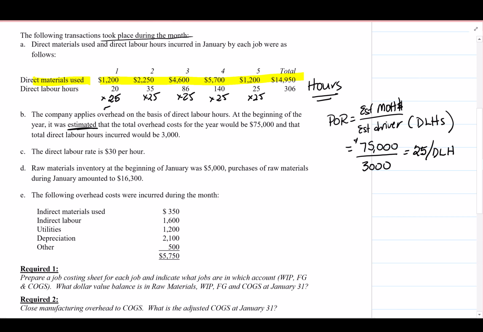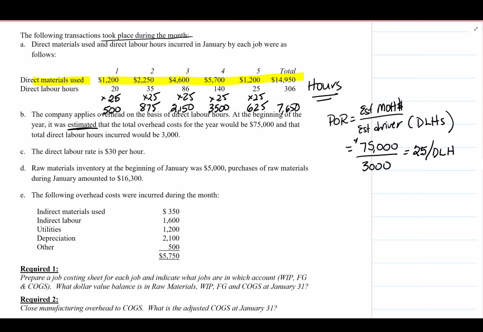So we get $500 for job 1, $875 for job 2, $2,150 for job 3, $3,500 for job 4, and $625 for job 5. And you can once again take your 25, multiply it by the full number of hours here, and you should get a total of $7,650 of manufacturing overhead applied to your jobs.